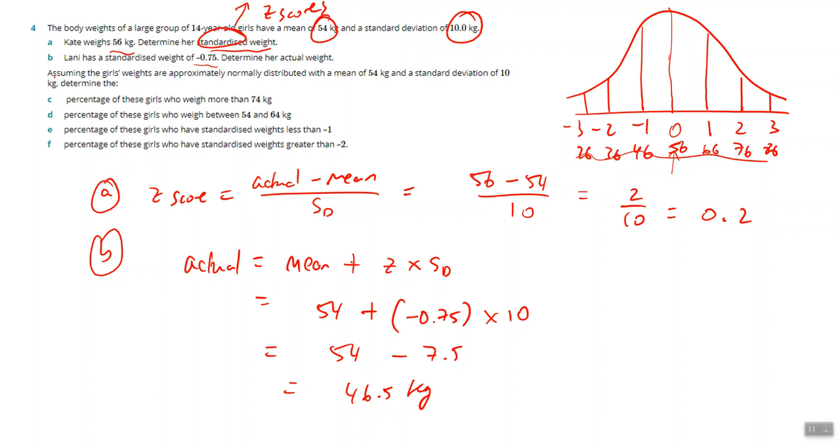C, hang on. Assuming the girls' weights are approximately normally distributed with a mean of 54 and a standard deviation of 10, determine the percentage of girls who weigh more than 74 kilograms. Okay, so weigh more than 74 kilograms.